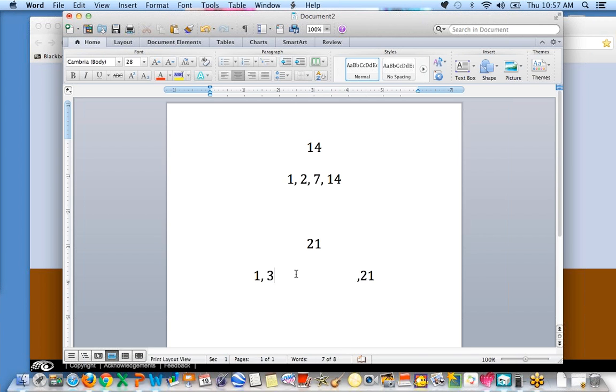What about 3? Can I multiply 3 times any number to get 21? So go through 3's in your head. 3 times 3, 9. 3 times 4, 12. 3 times 5, 15. 3 times 6, 18. 3 times 7, what's 3 times 7?